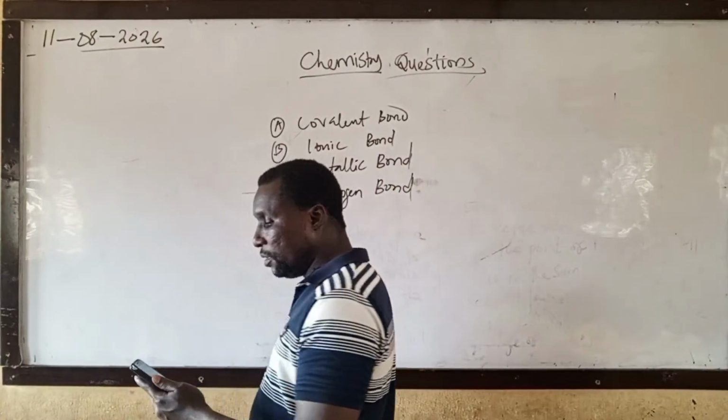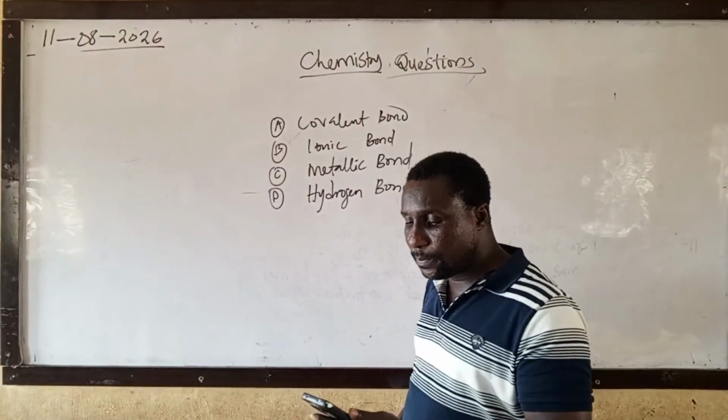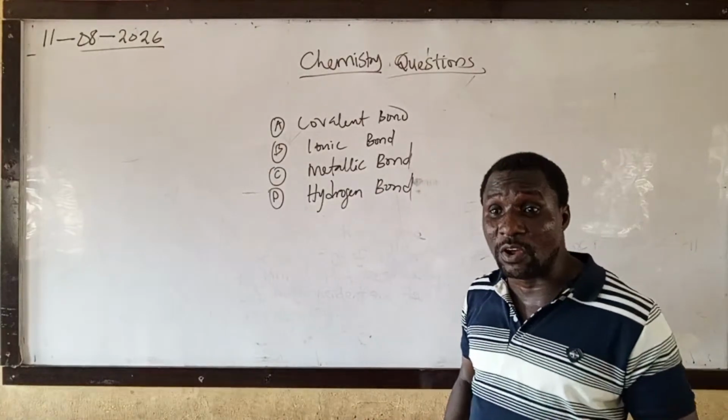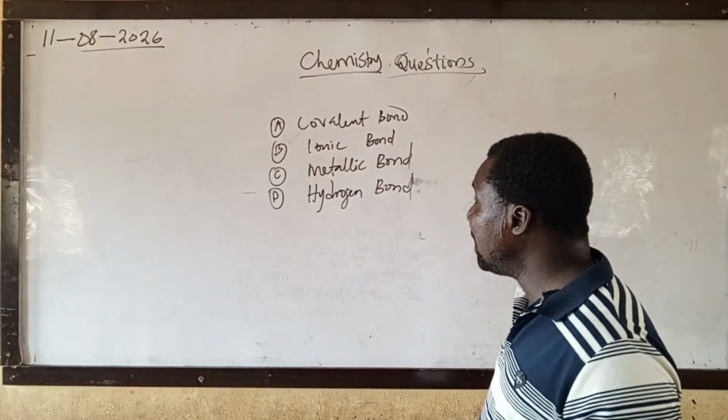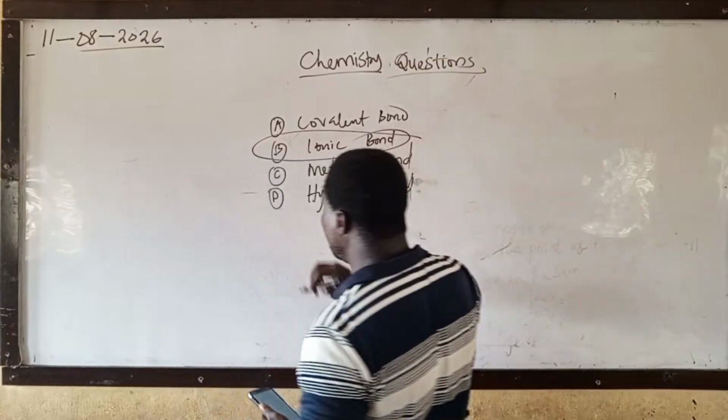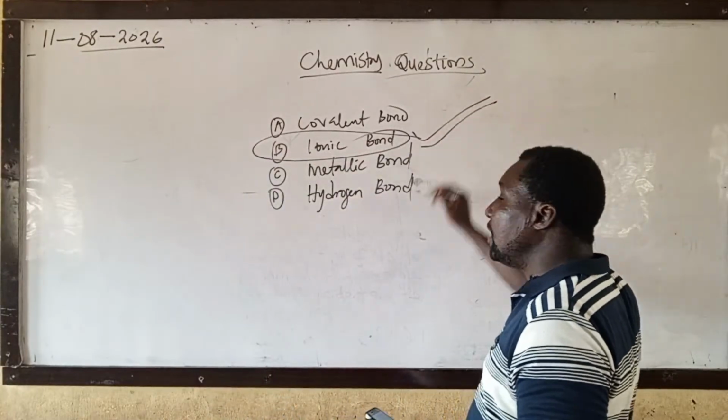The question is the type of bond formed between a metal and a non-metal. Class, the answer is ionic bond. Ionic bond is the answer.